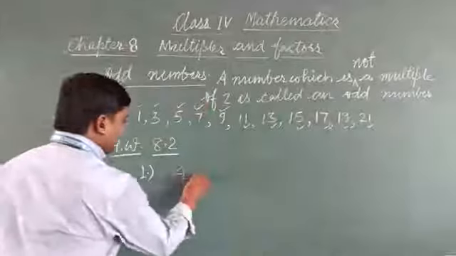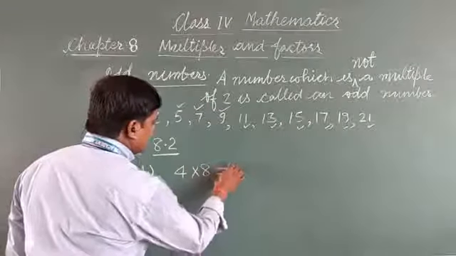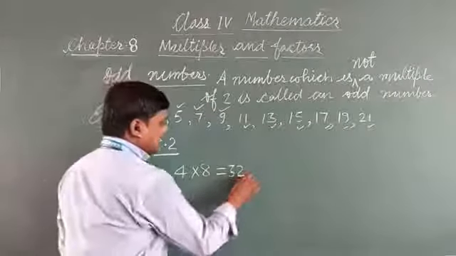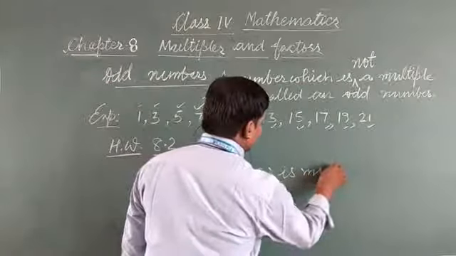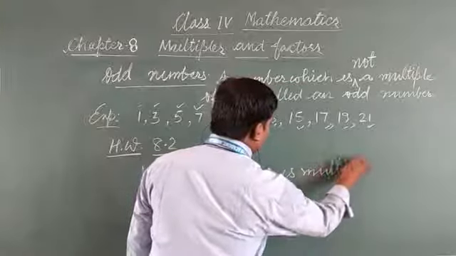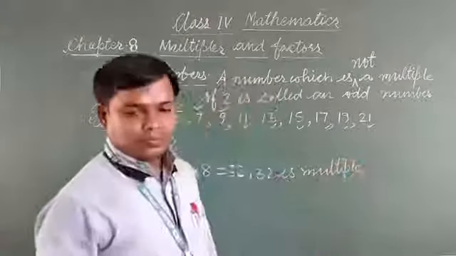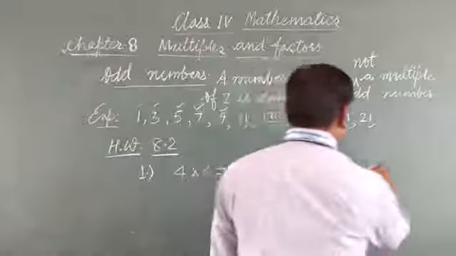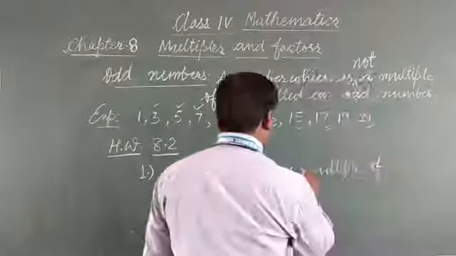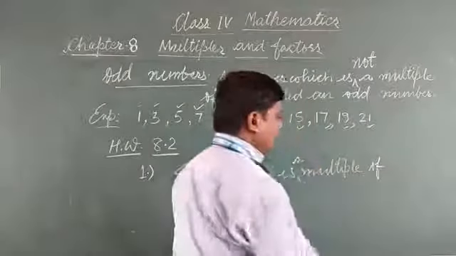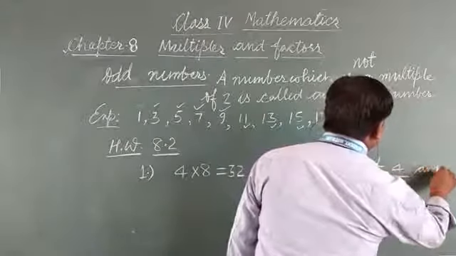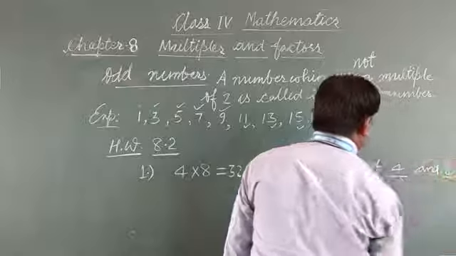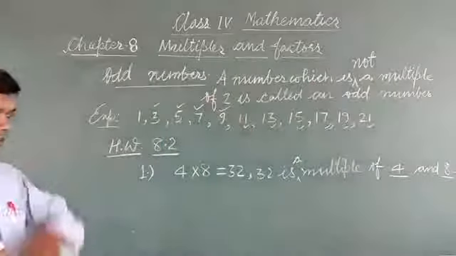Means if it is written 4 into 8 is equal to 32, then 32 is a multiple of 4 and 8.